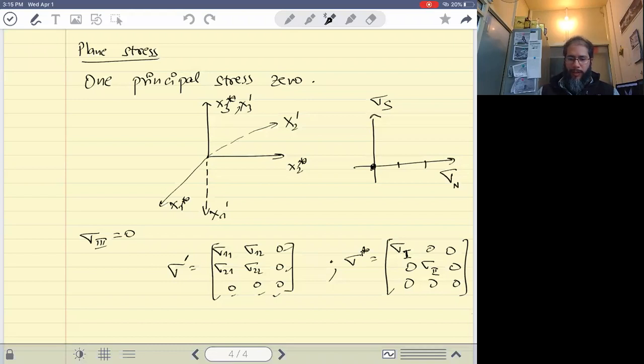So if we take some arbitrary case that let's say that the two values lie here, that's your sigma 1, sigma 2. So the situation we chose was that sigma 3 was 0. But of course, you can have a slightly different situation as well. So in this case, we have the Mohr circles, which look like this.